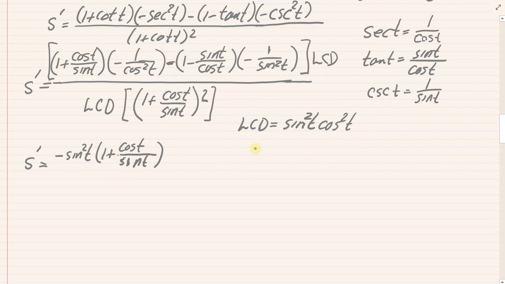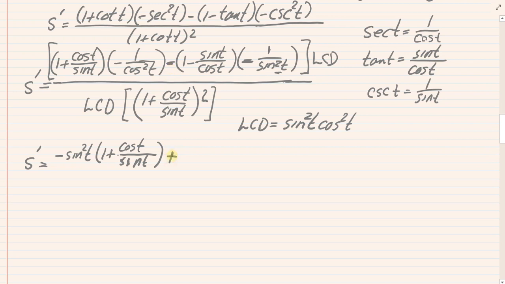And then minus, the second distribution will actually get rid of sine squared t. So that's going to be minus cosine squared t. Actually, let's see, there's a minus in front of the fraction, minus here and a minus here. Those two negatives multiply to positive, so let me write plus here.